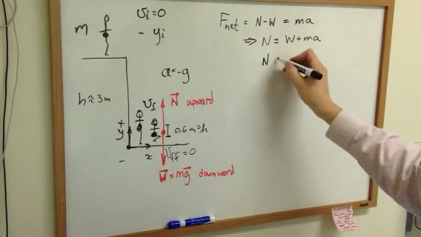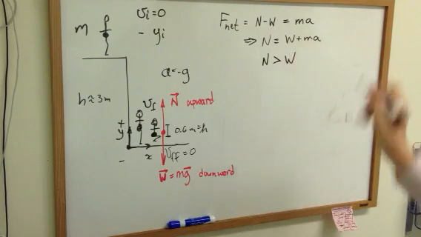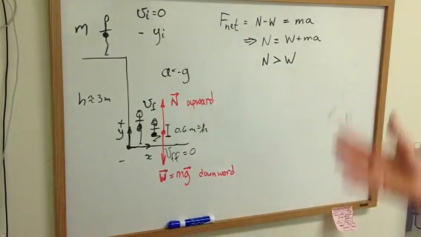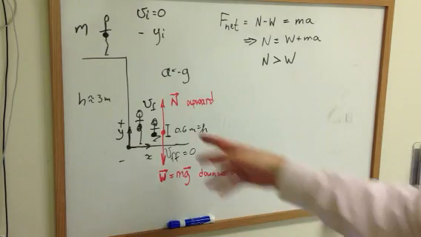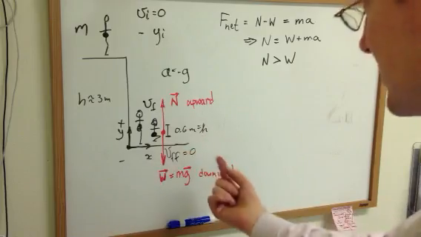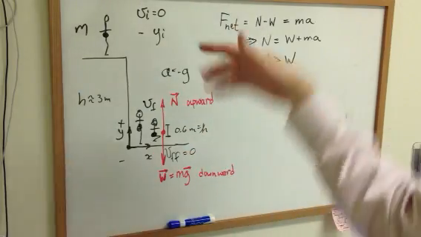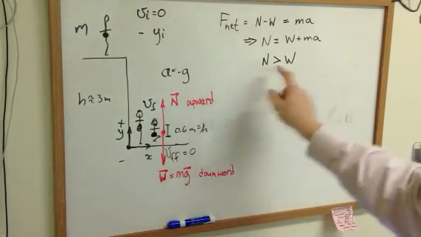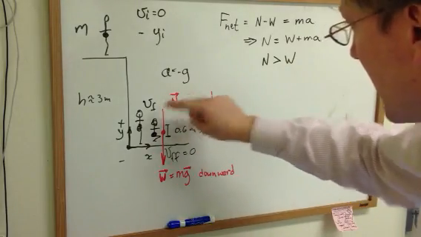Because he is accelerating upwards, N must be greater than his weight. He has a weight, a force downwards due to gravity, but this N has to overcome his weight, plus it has to accelerate him upwards, or slow him downwards. So N is significantly greater than the weight.